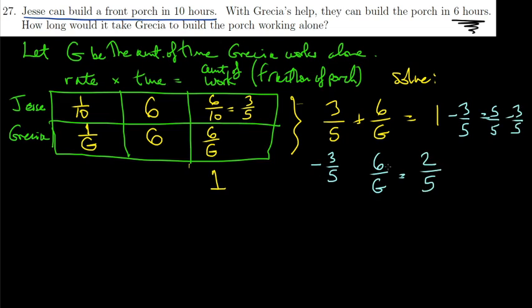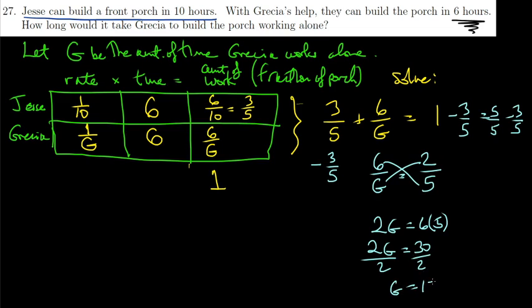And now I have a proportion. So 2 times G is equal to 6 times 5. And 6 times 5 is 30, and 30 divided by 2 is 15. So there's our answer, 15 hours. That's how long it would take Garcia working alone.